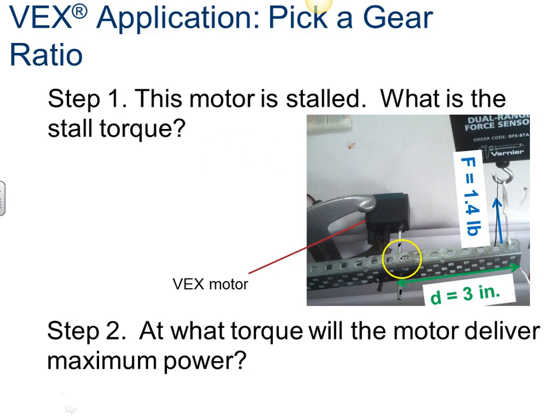First of all, it's important to note that the way this is being done is we've got a shaft here, and then we're lifting up at 90 degrees.